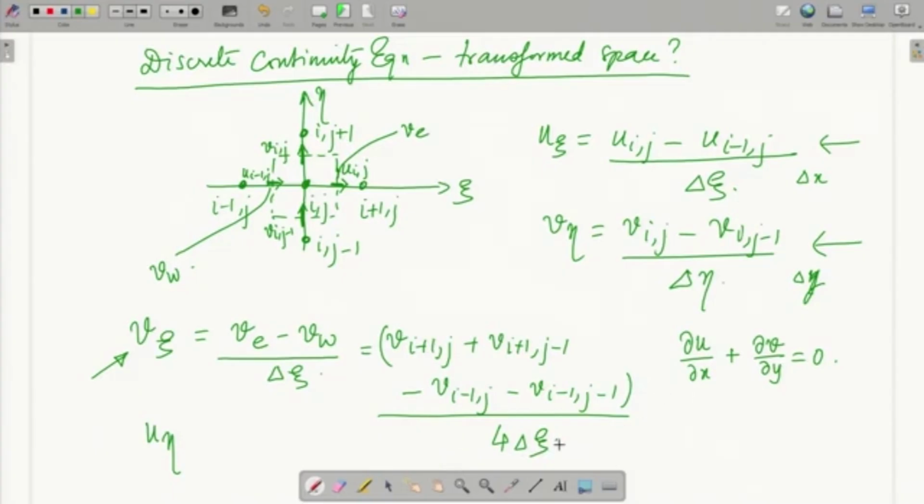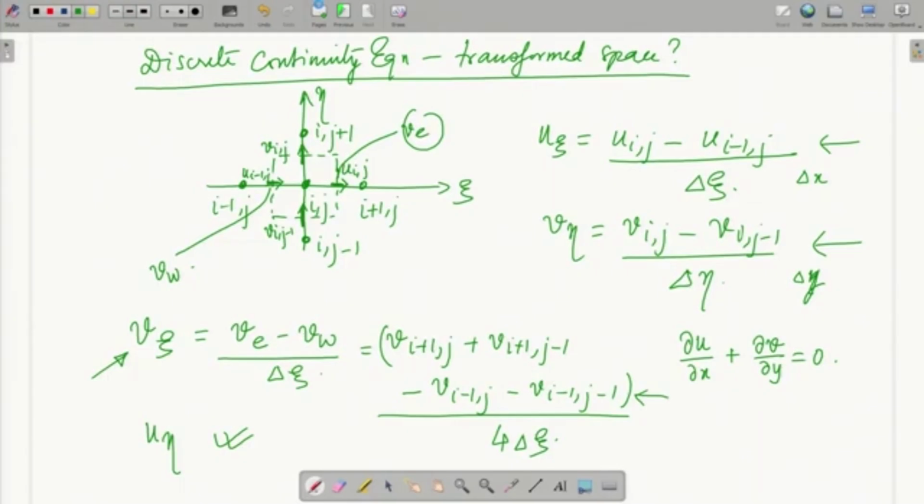It is of course based on interpolation to get an appropriate expression for V E and V W based on neighboring values of V which are available, and then you will find some terms will cancel out to finally give you an expression like this. You can similarly work out an expression for u eta. So, in this manner the transformations can be done.